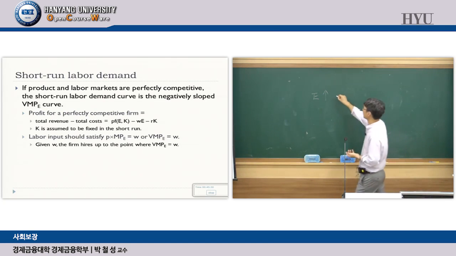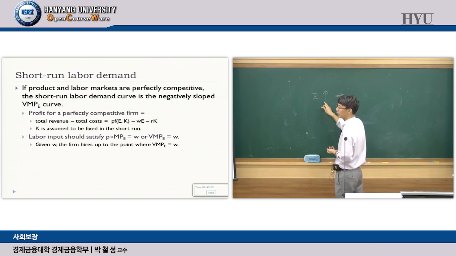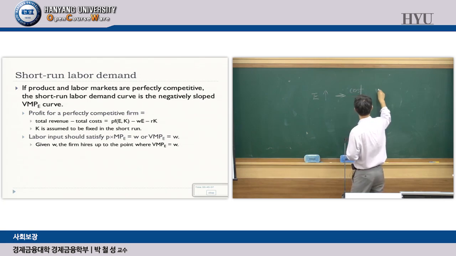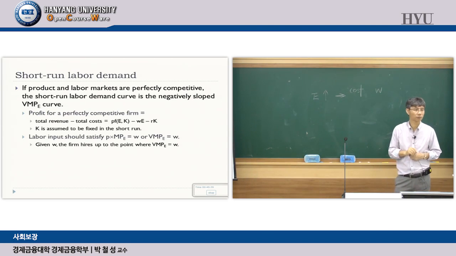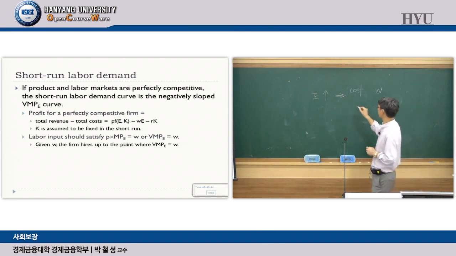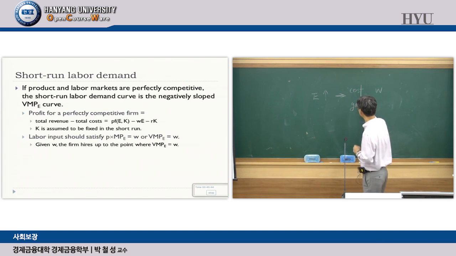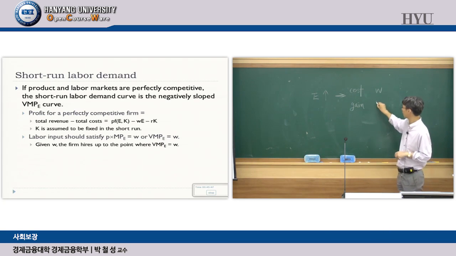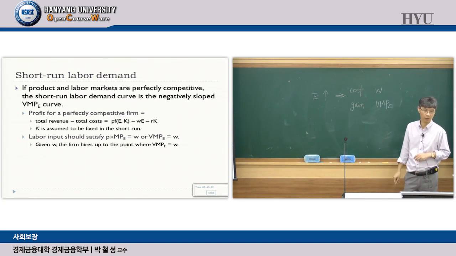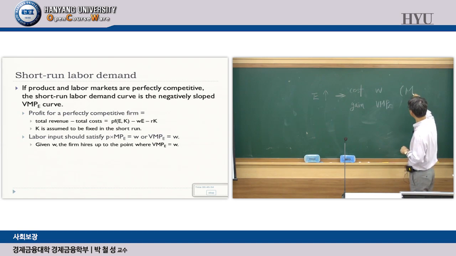If you increase E by 1 unit, then your cost is going to increase by W. But you get a gain of VMPE. The cost is the marginal cost, and the gain is the marginal revenue.